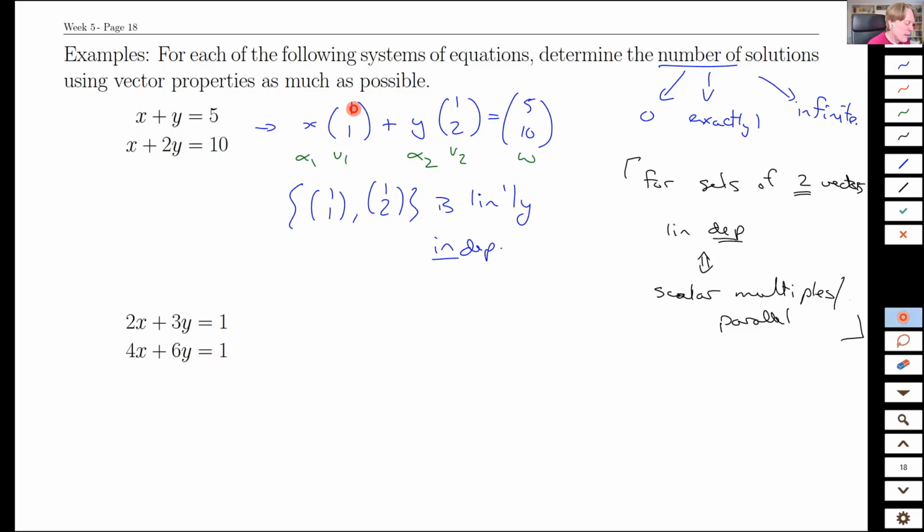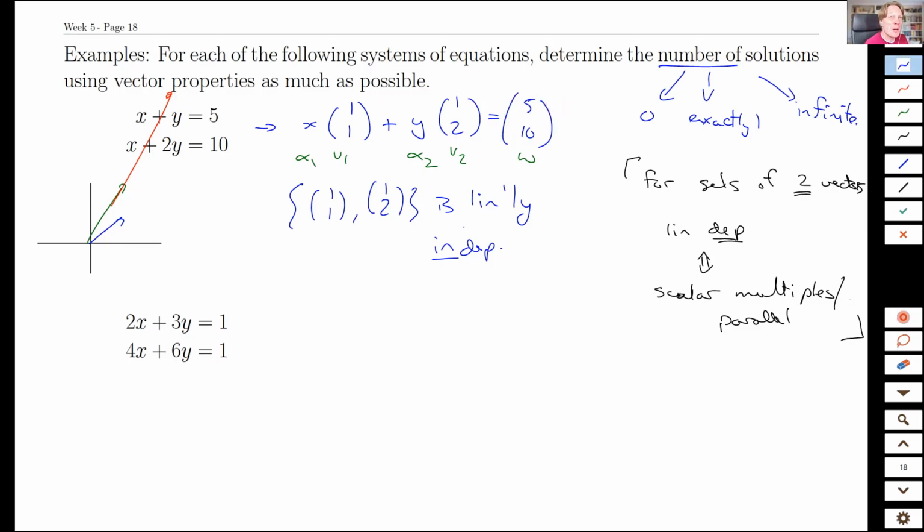But if you imagine these 2 vectors drawn on the plane, we have the 1, 1 vector, we have the 1, 2 vector, and we have the vector 5, 10 out here somewhere. Because these 2 vectors are linearly independent, there's some combination of them. In fact, there's pretty easy combinations. Five of these guys will get you to the right-hand side, the 5, 10 here.